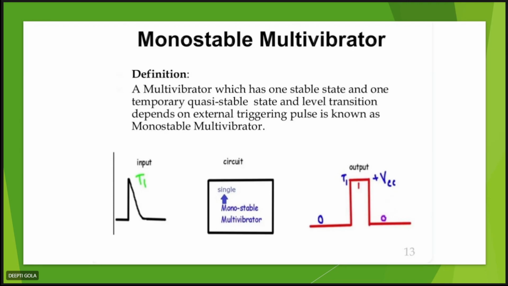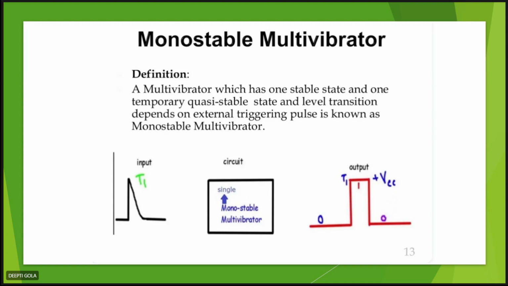So what happens actually? There are two states, one is stable and the other is unstable. So once our circuit enters the stable state, it cannot change from that state because it is stable. So we have to provide some external trigger.